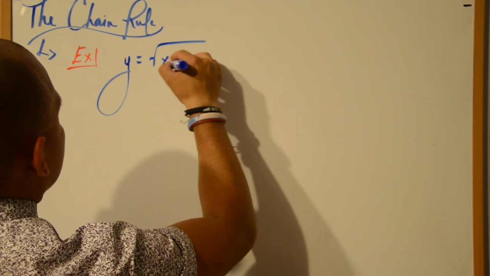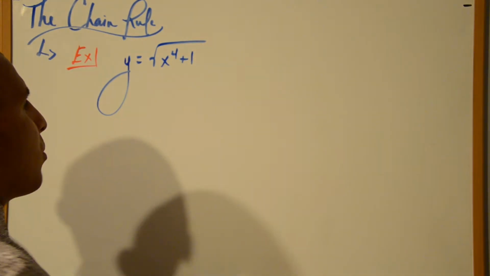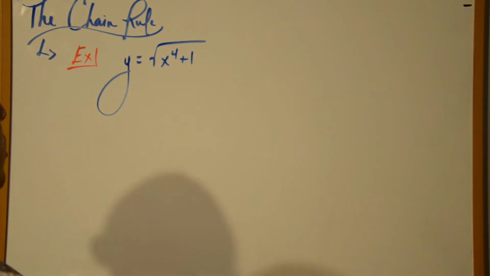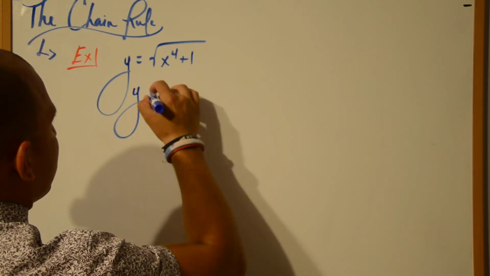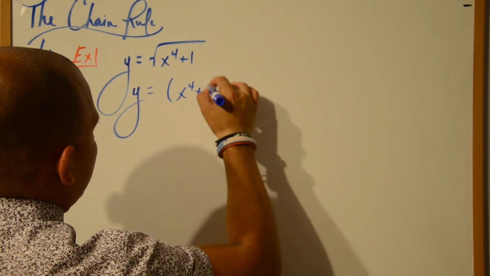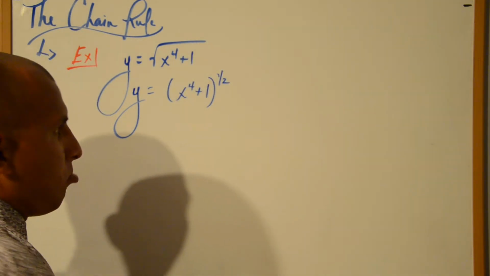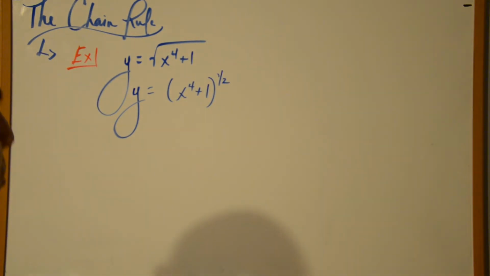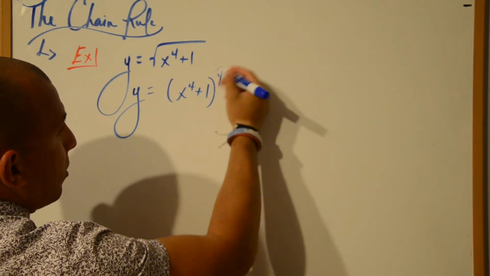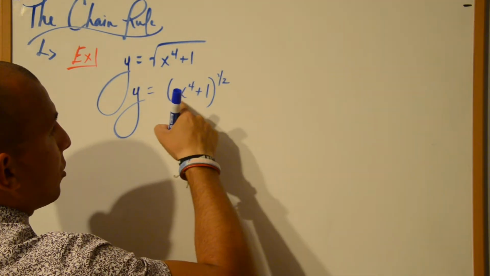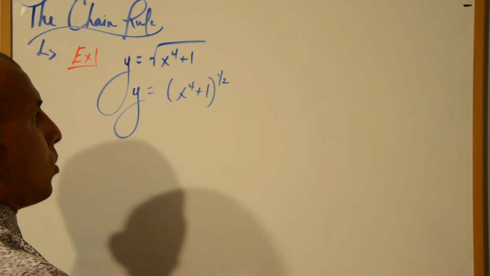Let's say we have something like this, and I wanted to take the derivative. First off, work with everything in exponents, so let's rewrite this as x to the 4th plus 1, to the 1/2 power. Our outer function is the square root, which is represented by the 1/2 power. Our inner function is the expression x to the 4th plus 1.